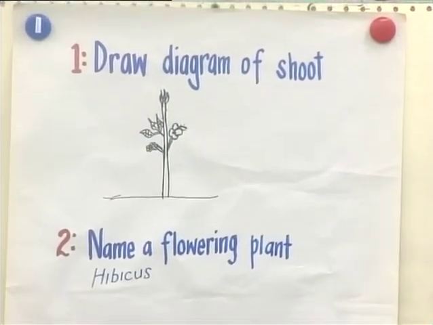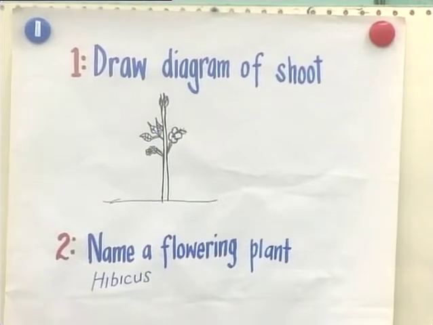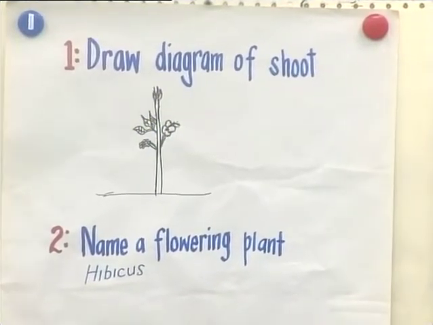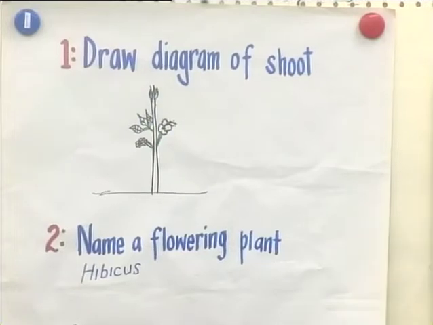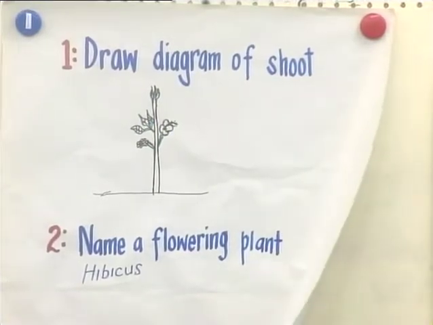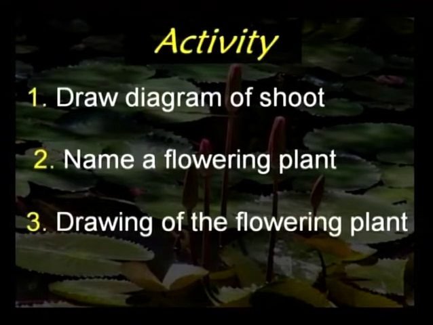Nora's got hibiscus there. Okay. Next one, you're going to do a drawing of a flowering plant. Do only one part of the plant. Draw a part of a flowering plant.